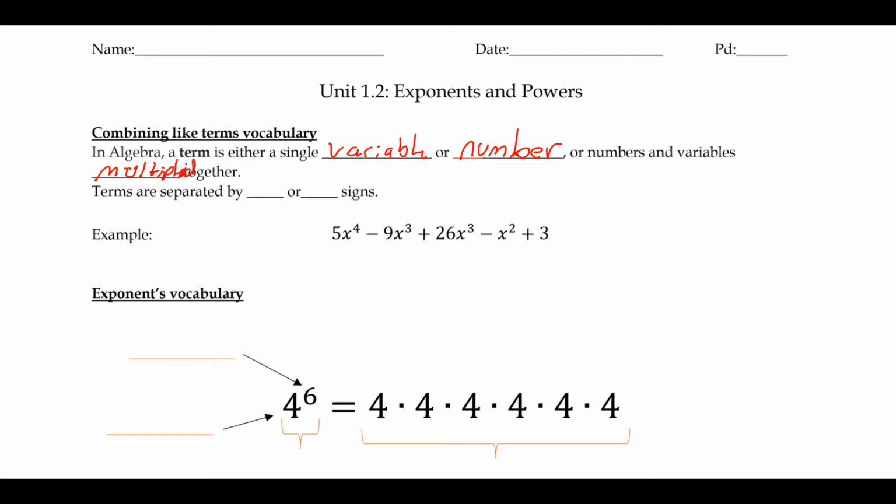And they are separated by plus signs or minus signs. So in your example down here, you can see how many terms do you have?